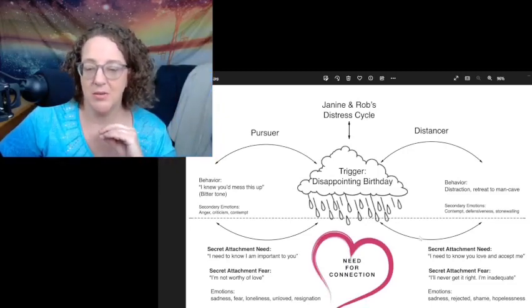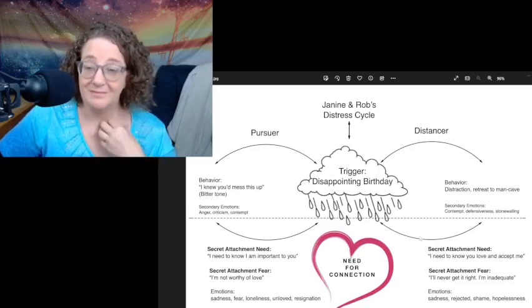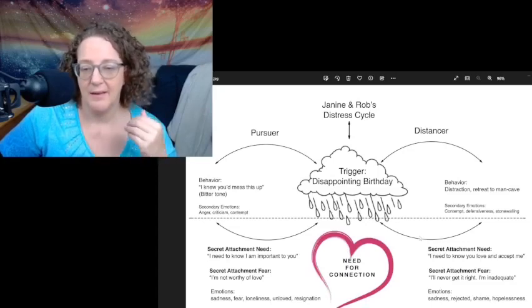And so our pursuer's scary part that's down below the surface is sadness, fear, loneliness, feeling unloved, and resigned. Like, I'm never going to get what I want here. I'm never going to be understood. I'm just so lonely and unloved.